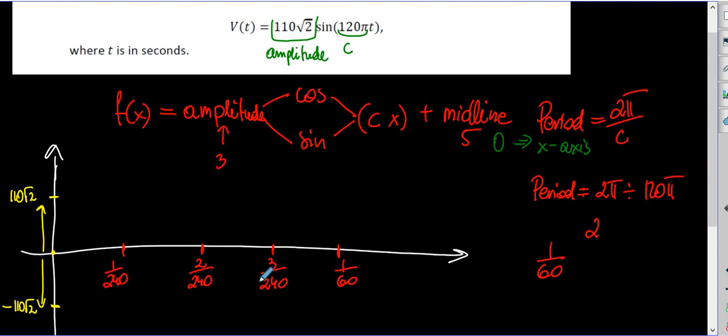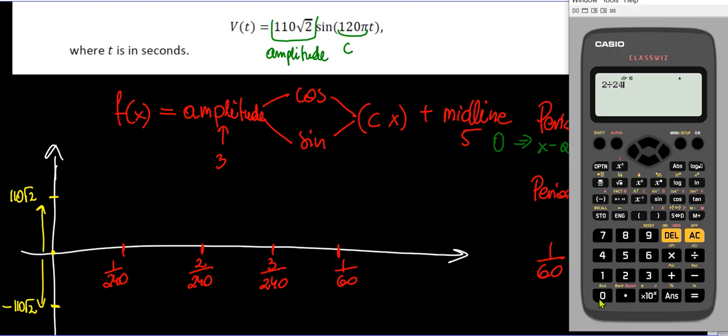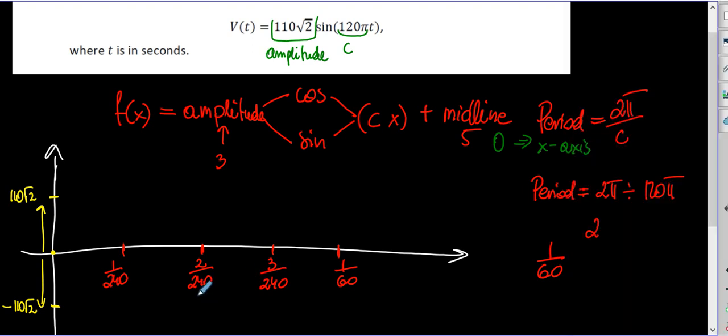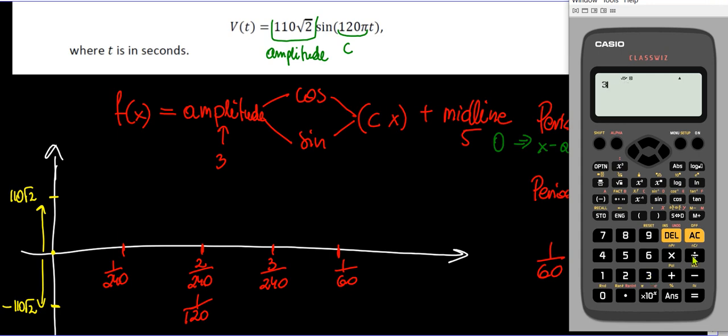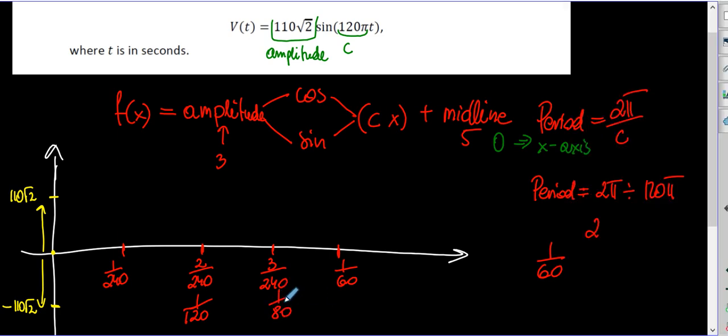Maybe those will simplify: 2 divided by 240 is 1 over 120, and 3 divided by 240 is 1 over 80. But it doesn't matter. We don't have to change them. All we are doing is a quick graph so we know where our values are.